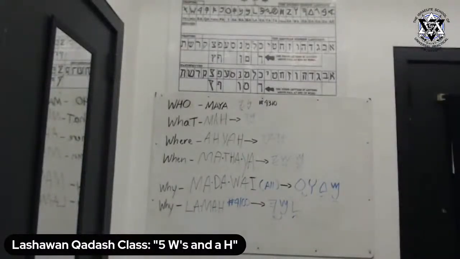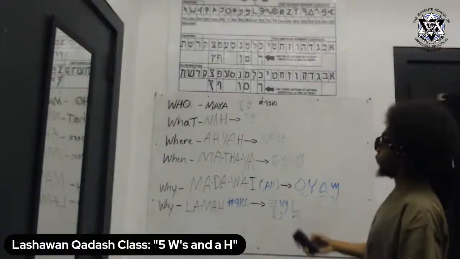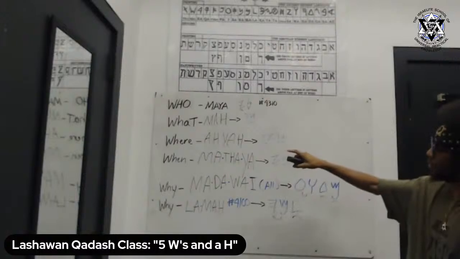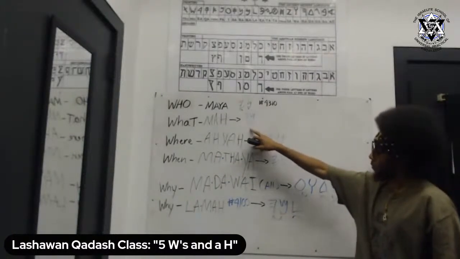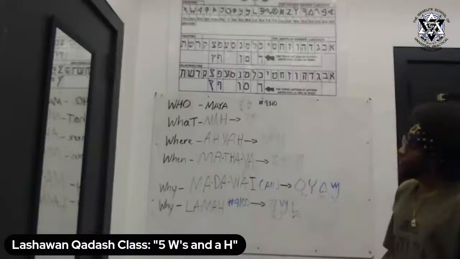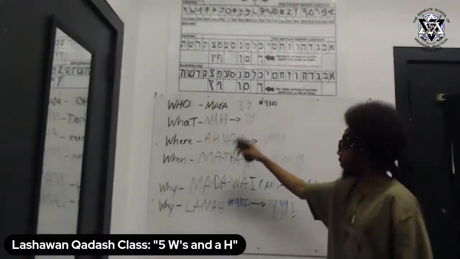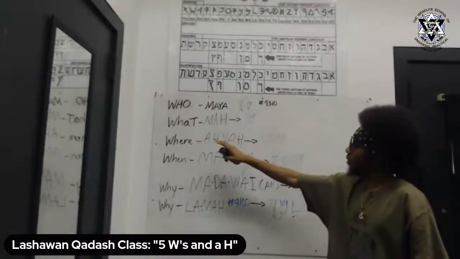All right, so you see here. I'm just going to go ahead and check over your work real quick. So we got the what, right? Which is the month. That is correct. We got the word, aware, how you said the word based on your accent.